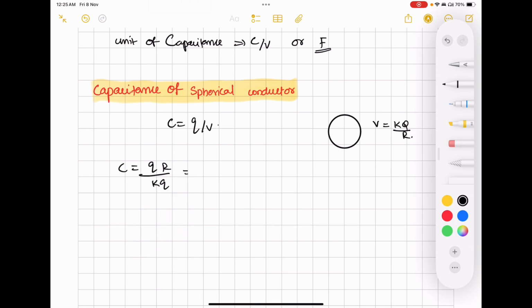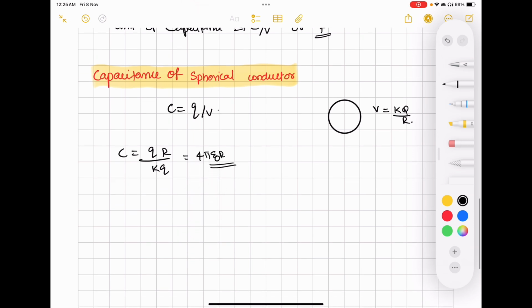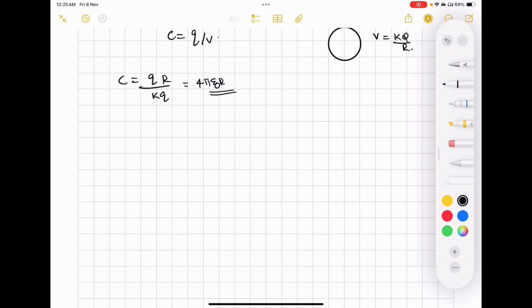So substituting that, we will get C is equal to 4 pi epsilon 0 R. So this is the capacitance of a spherical conductor.